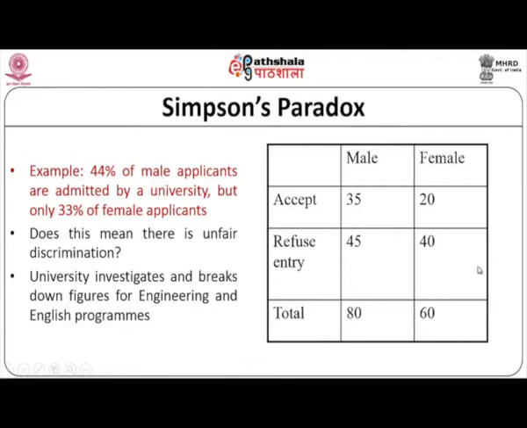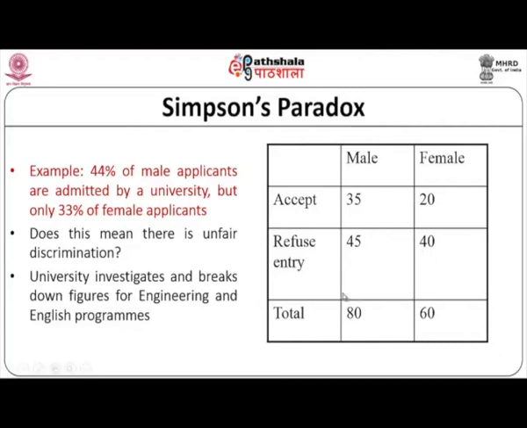From this table, we find, say, 44% of male applicants are admitted into the university, but only 33% of female applicants are admitted. So, from this data, there is a chance that we may end up with a wrong conclusion that the university is following, say, an unfair admission system.